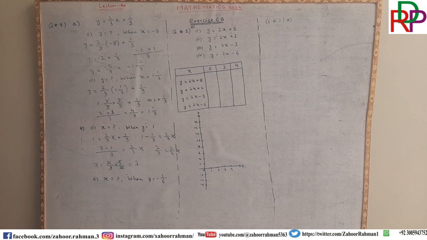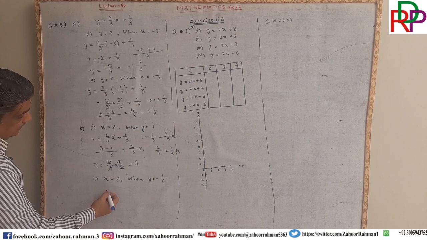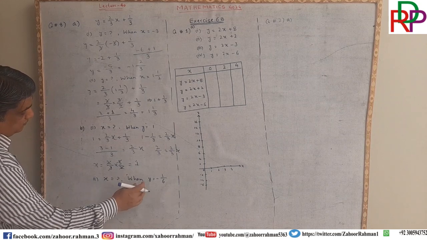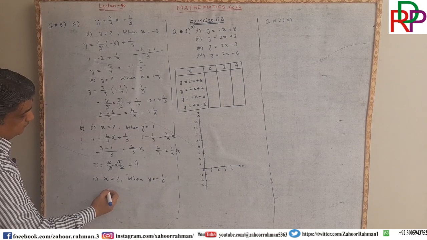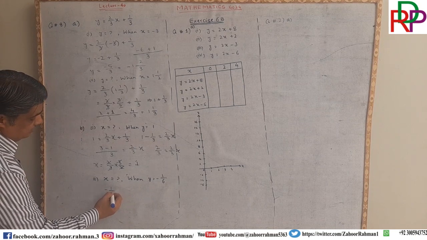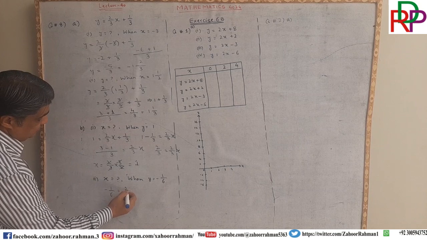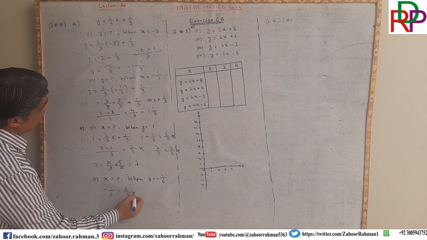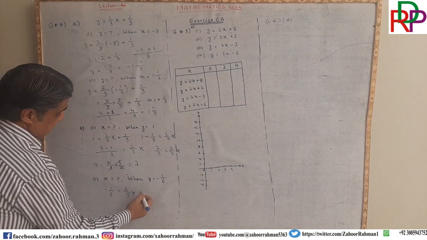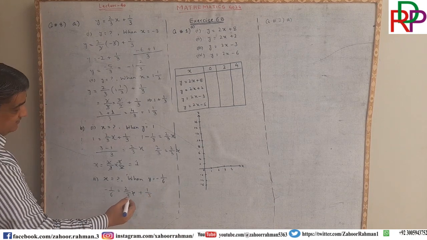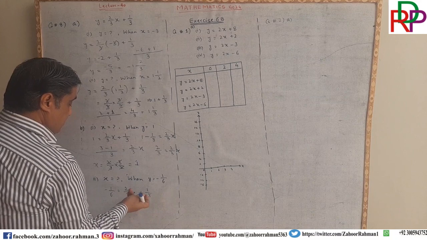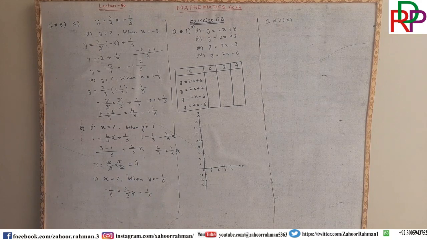Ladies and gentlemen, now we are going to put this value, and that is y is equal to minus 1 over 6 is equal to 2 over 3x plus 1 over 3. My first job is to move this constant to the other side.